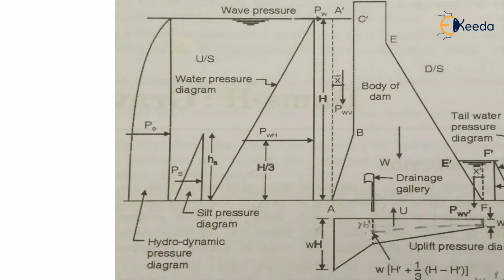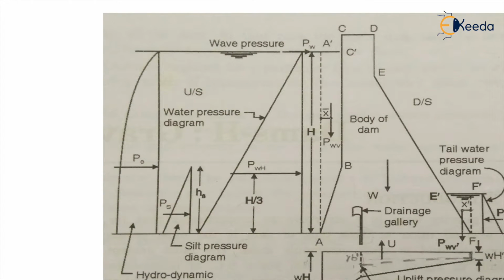Then you can see here, at the above section, there is a wave pressure. The upstream side is open, the surface water is in an open state. So according to the wind velocity, waves are also created and generated on the surface of this free water level, and we have to consider this wave pressure also.